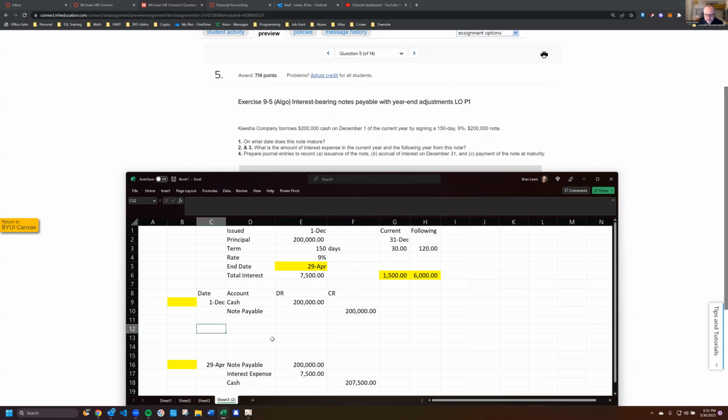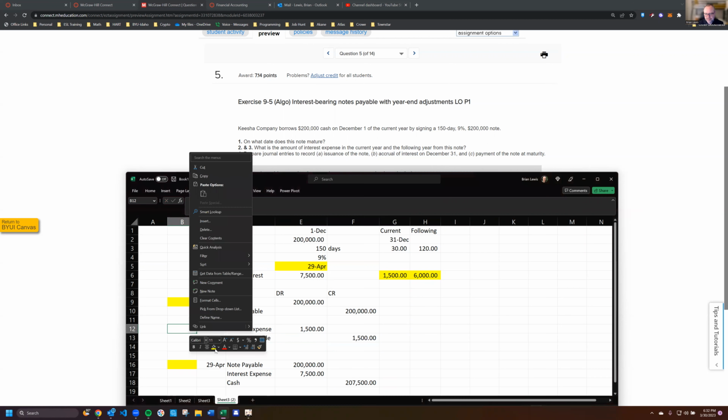But recording the interest on 12/31 is going to be interest expense, and it's going to be an interest payable. Okay, and the interest expense for that first year is going to be this $1,500, and the payable is going to be the same, right? So that answers that question.